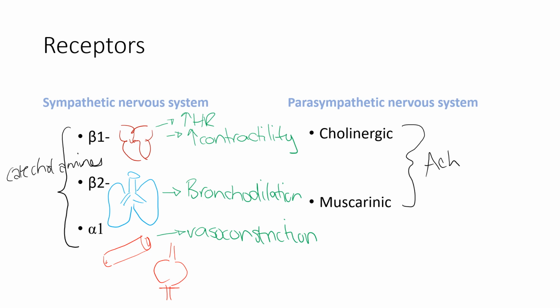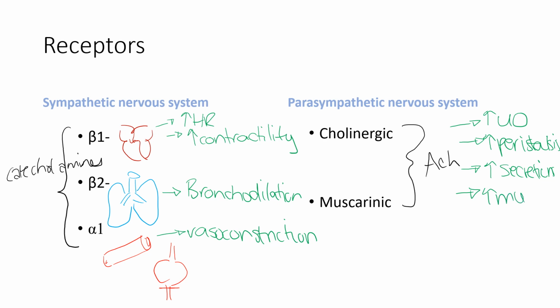And so when acetylcholine binds to these receptors, we start to think rest and digest. Some of the effects of acetylcholine attaching to these receptors will be increase in urinary output, increased peristalsis, so you're going to have more bowel movement, increase in secretions, increase mucus, decrease in your heart rate, decrease in blood pressure, okay?